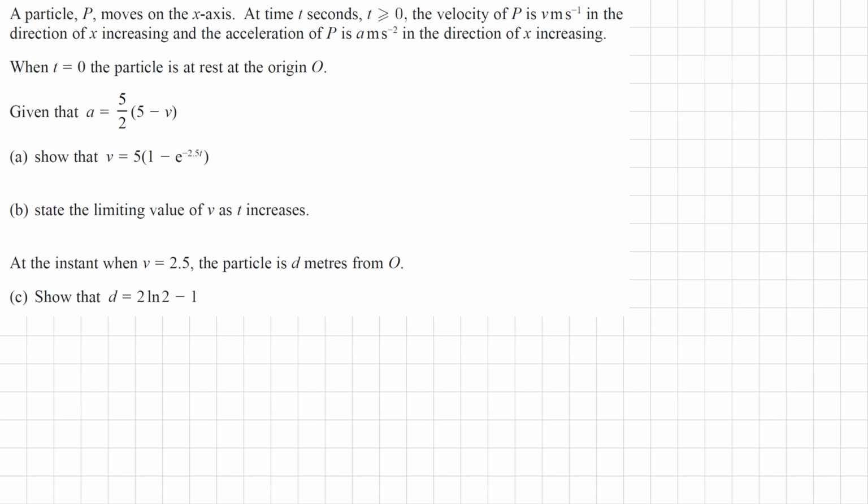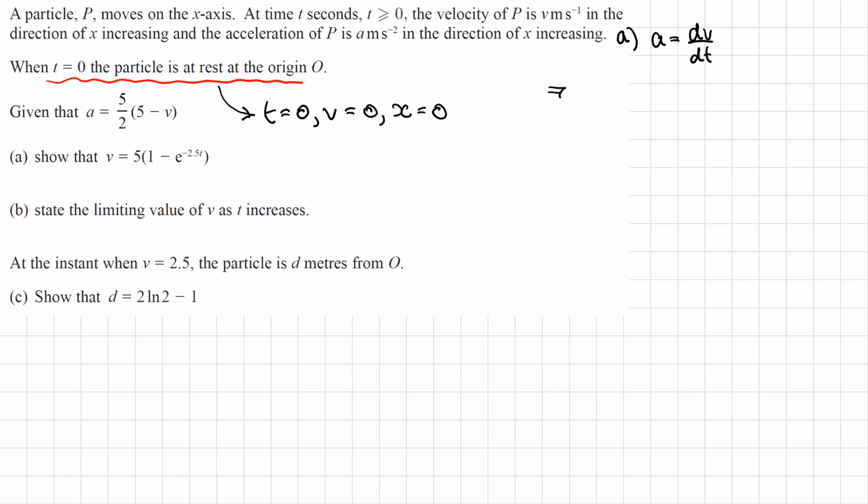Right, first thing to note is my initial conditions. When t is 0, it's at rest, so v is 0, and it's at the origin, so x is 0. For part A, note that a is equal to dv/dt, and we replace a with dv/dt.